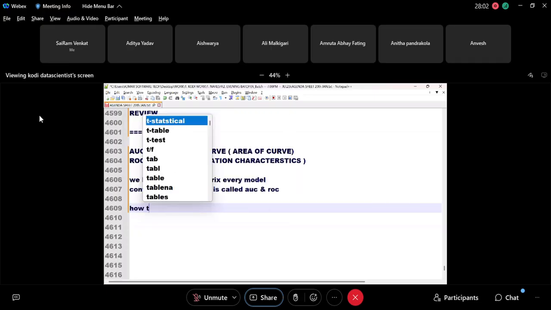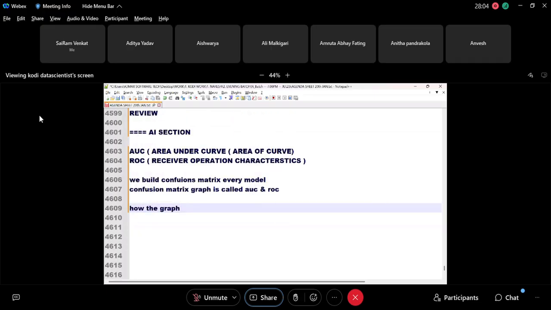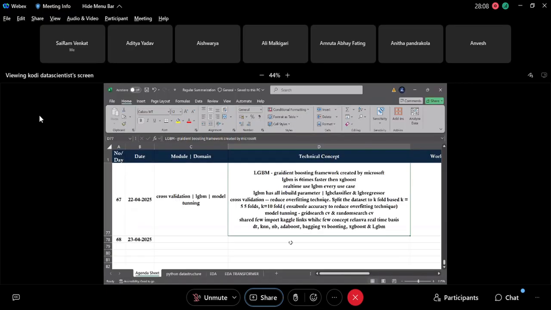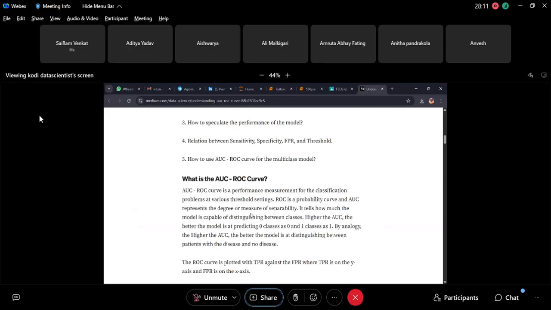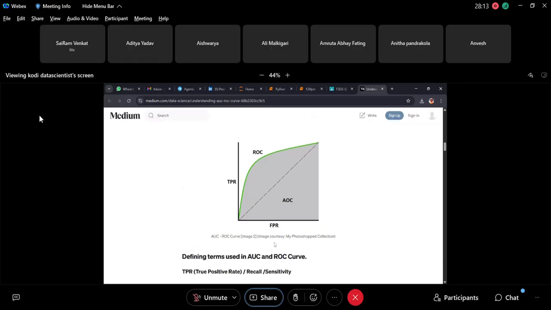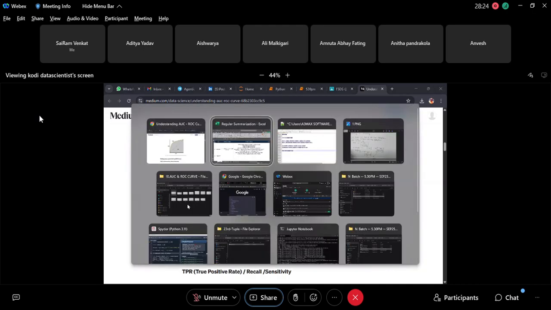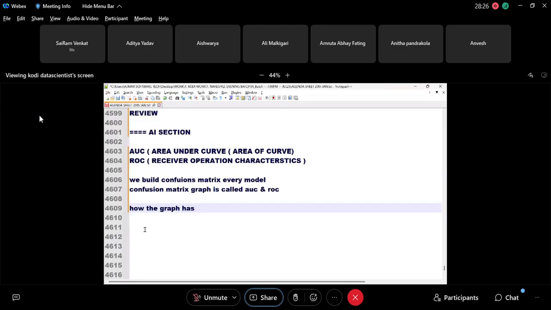But how the graph is plotted, this is also math, so let's talk about the math. But before, I want to give some clarity here. In AUC and ROC, the x-axis is FPR.